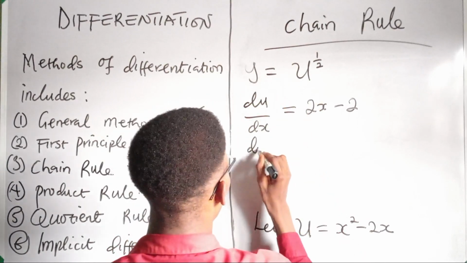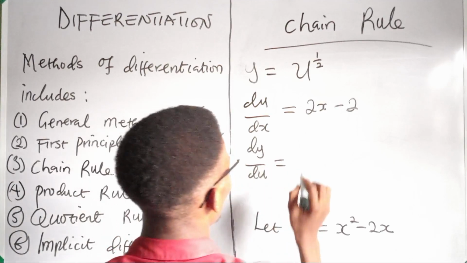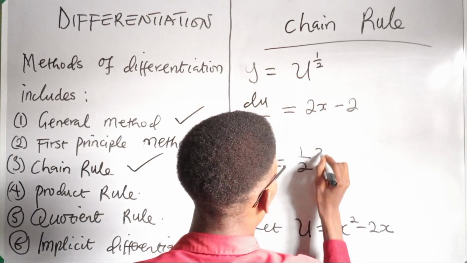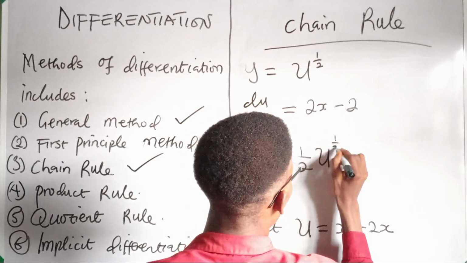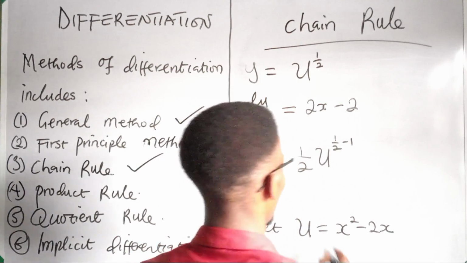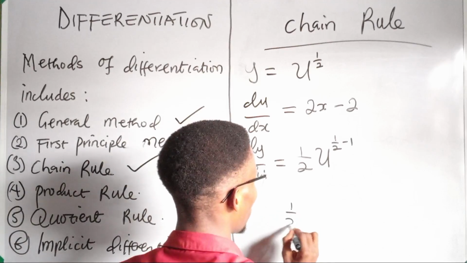So dy over du is going to give us half multiplied by u raised to half minus 1.